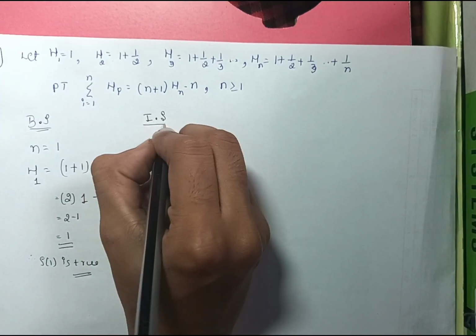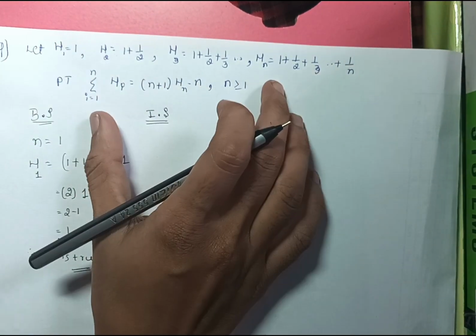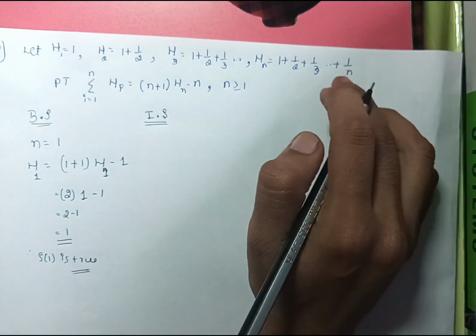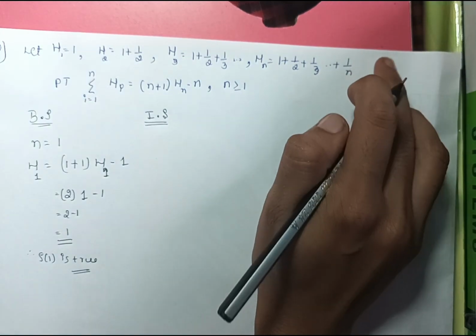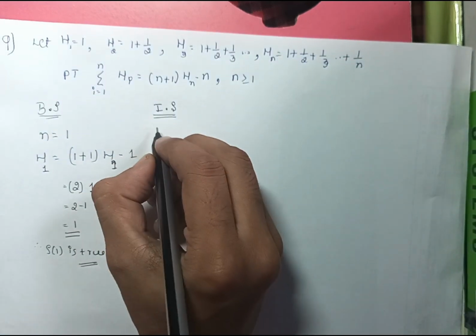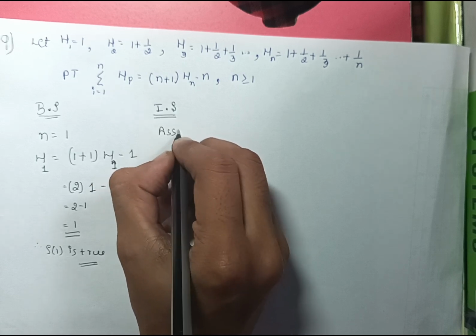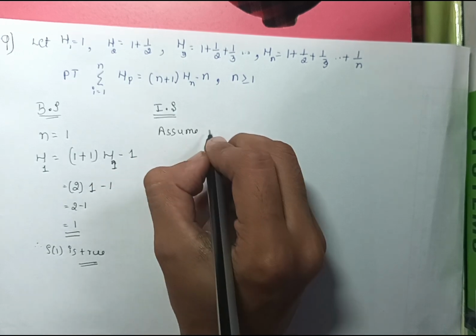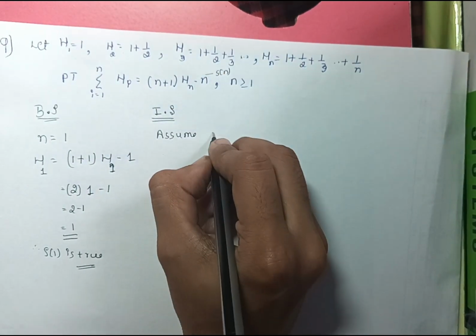Next step is the induction step. In this step we have to prove this equation holds for all n. It is true for 1 plus 1 divided by n plus 1 and so on. To prove that, first consider this equation as s of n.